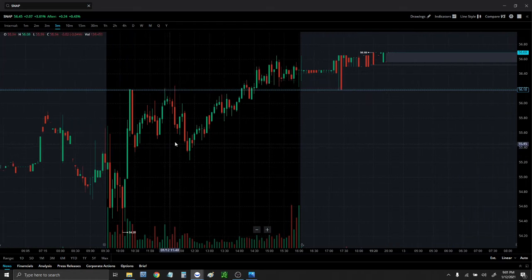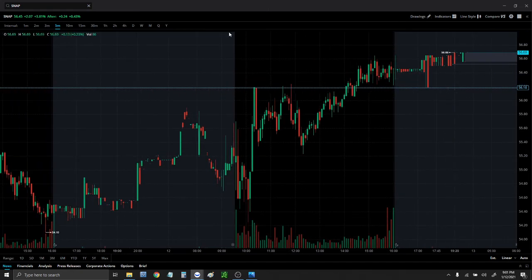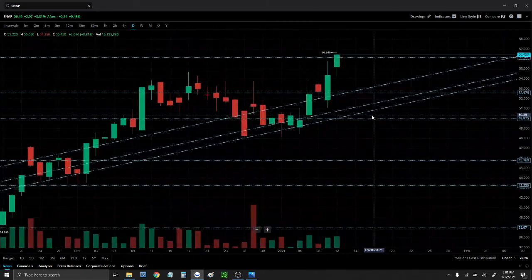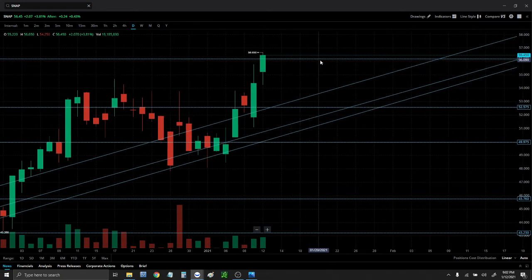Okay, so this is supposed to be a bullish trend. It's going up, so let's see if it continues tomorrow. But if you want to see if it continues tomorrow, that's where you would identify it in the daily time frame. Okay, you can see here it closed near the top, but it's near a support and resistance line.